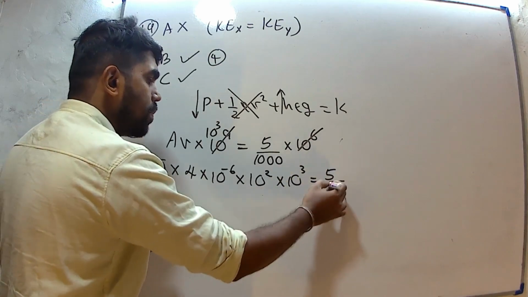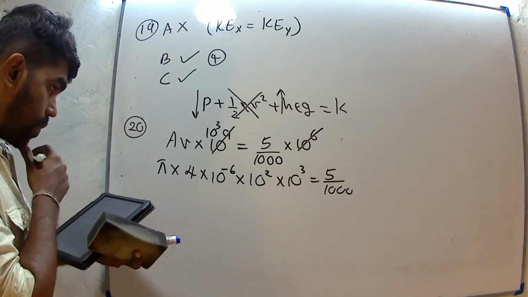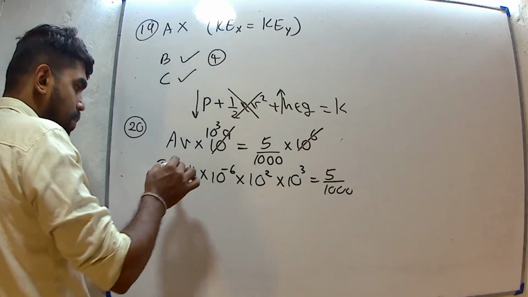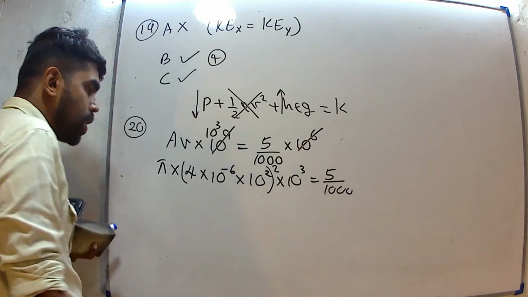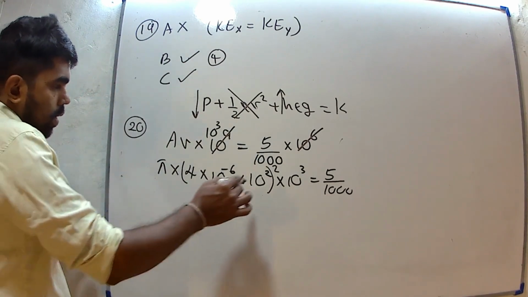5 divided by 1000. We have to substitute the square of the radius, therefore we put the square. This is the area.